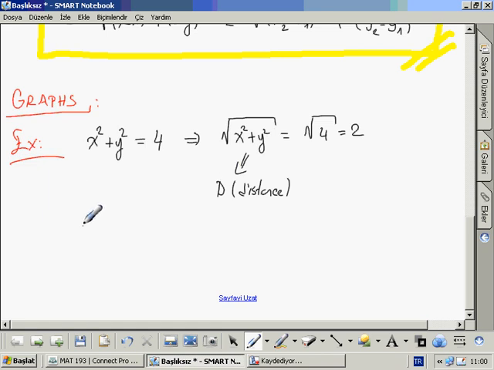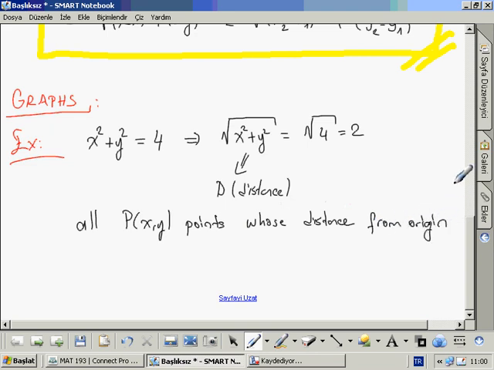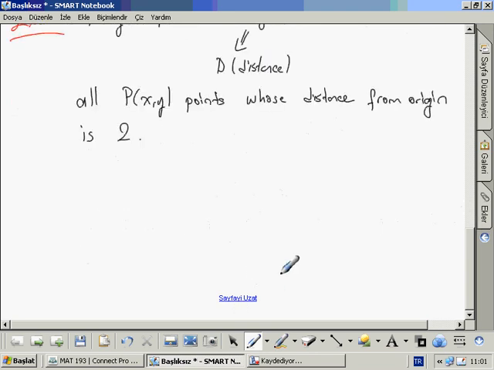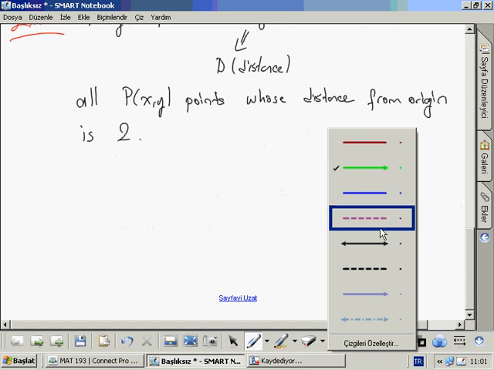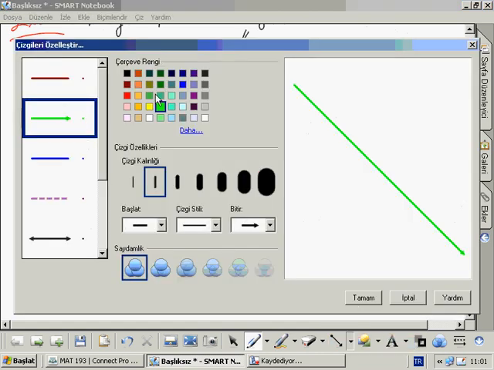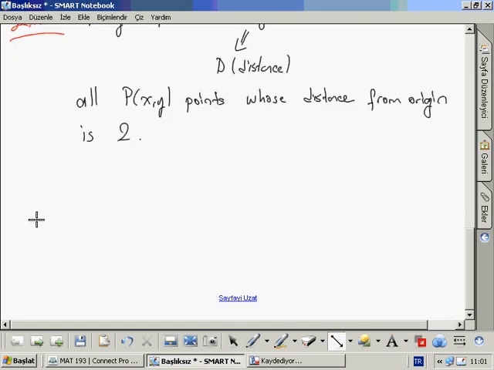In other words, all P x comma y points whose distance from origin is 2, which is the radius.